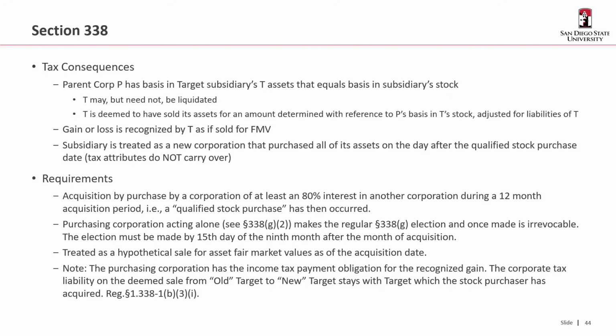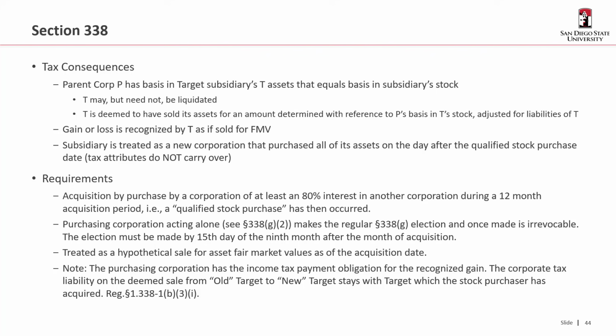Purchasing corporation has the income tax payment obligation for the recognized gain. The corporate tax liability on the deemed sale from old target to new target stays with target, which the stock purchaser has now acquired. So let's think about that for a second.